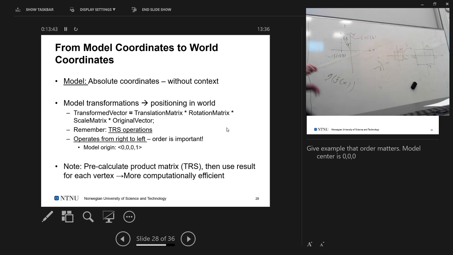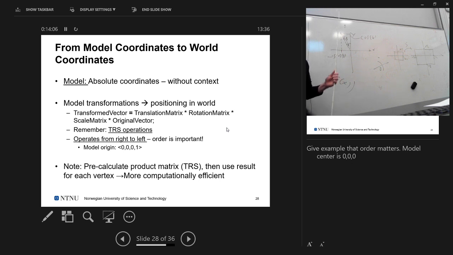And if you have many vertices, hundreds of them, it's a bit overkill to compute these matrices 100 times. So what you do is you figure out how you want to scale, rotate, and translate your object. And then you multiply the matrices together once, and you use the same matrix to transform all the vertices.